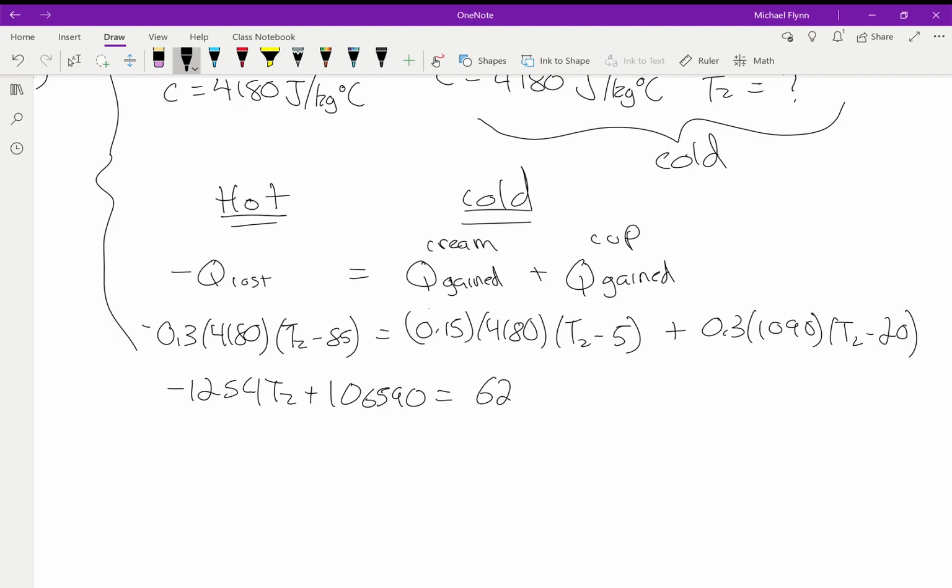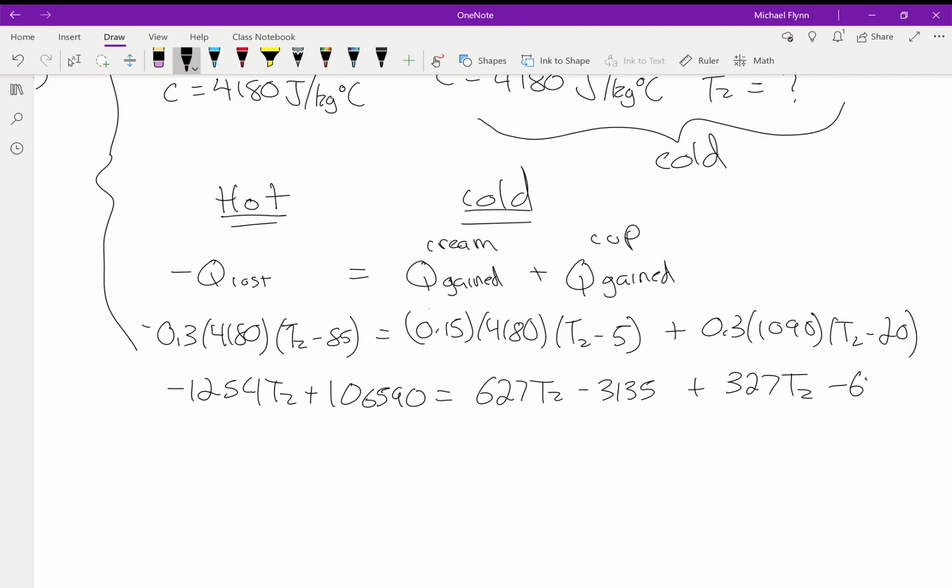So you're going to get 627 T2 minus 3,135. I'm just expanding the brackets, right? Plus 0.3 times 1090 is 327. So this is 327 T2 minus 327 times 20, which is 6,540.